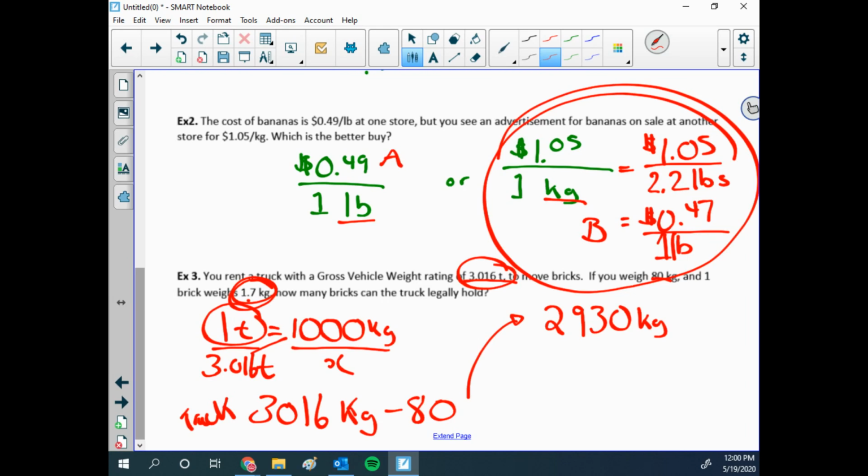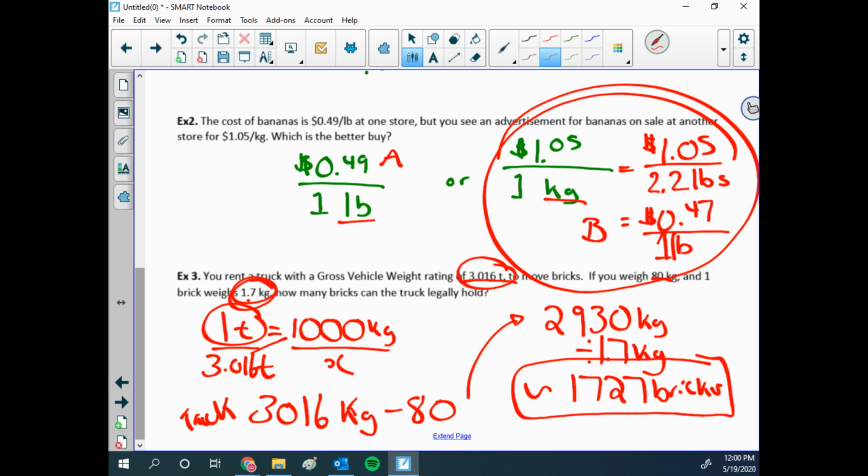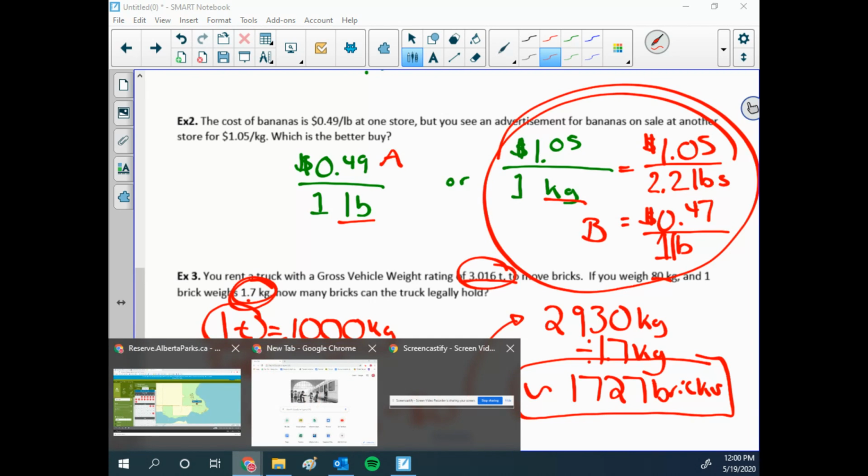I just divide that by the 1.7 kilograms, and that will tell me how many bricks can go in there. So it's approximately 1,727 bricks. Okay. So some of those questions are conversion factors, but some of them are a little bit of problem-solving questions. You have to convert and then answer your question from there in a problem-solving manner. Okay.